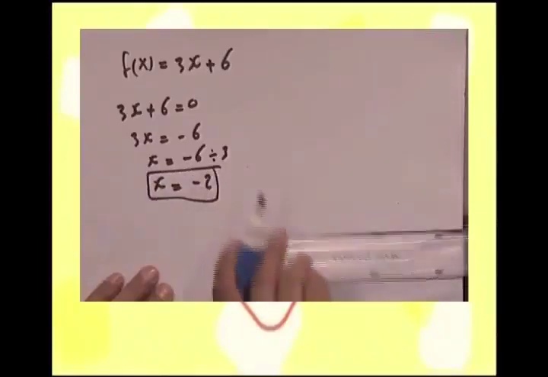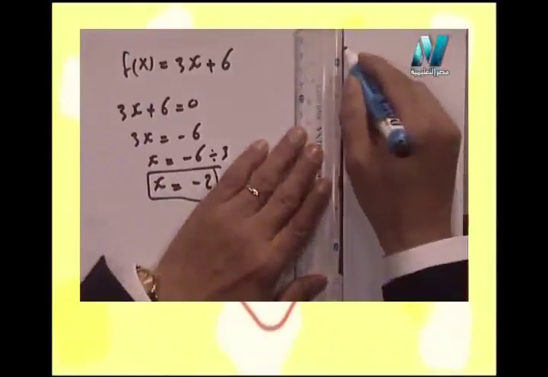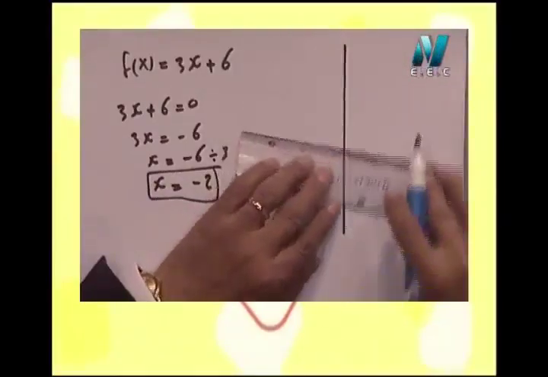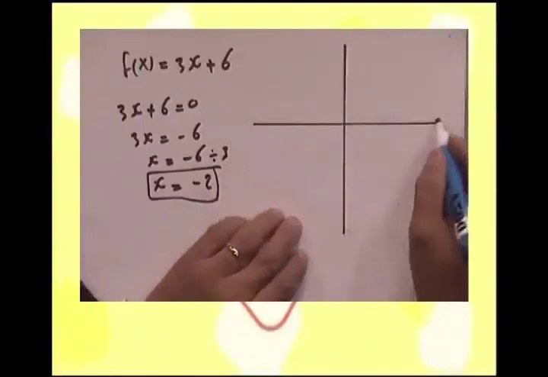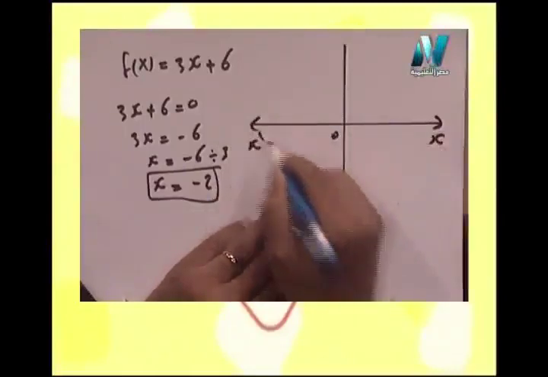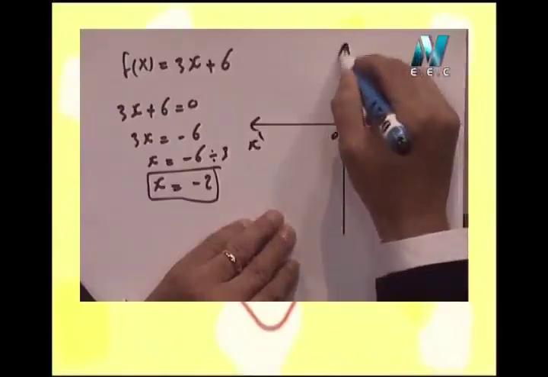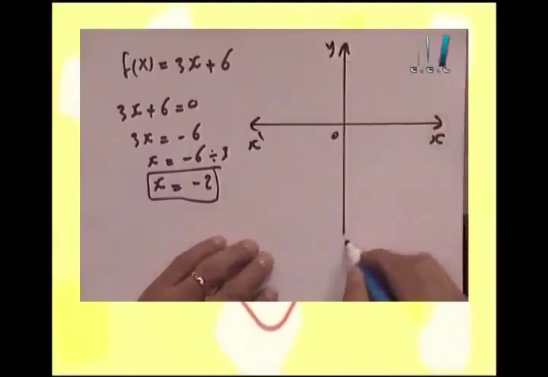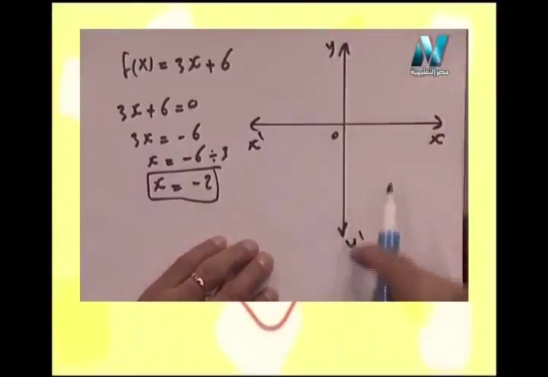And if we would like to represent it graphically, we have here the y-axis and x-axis. This is ox dash. This part is positive, this part is negative. oy dash, this part is positive also, this part is negative.